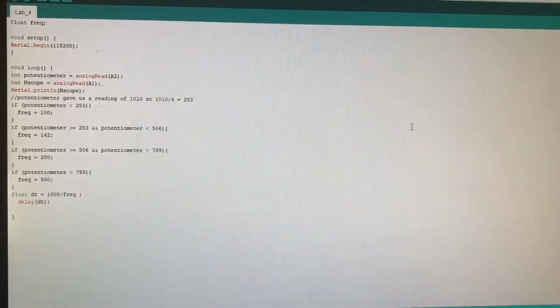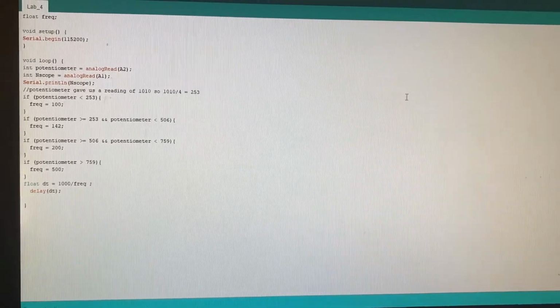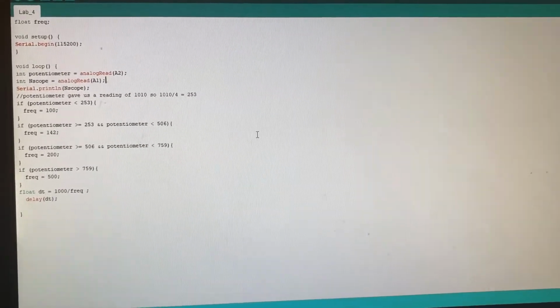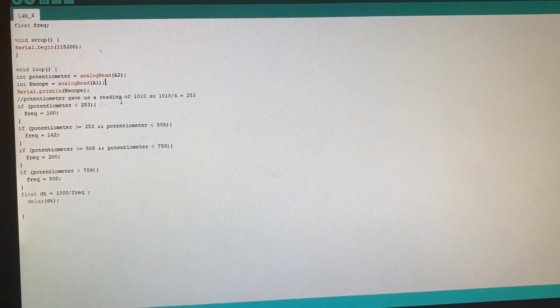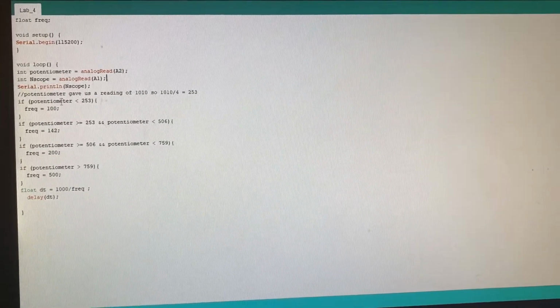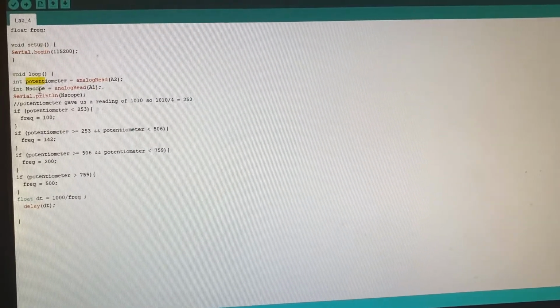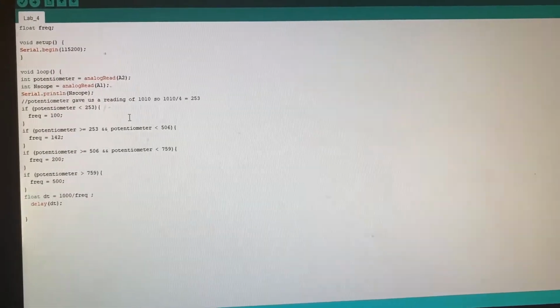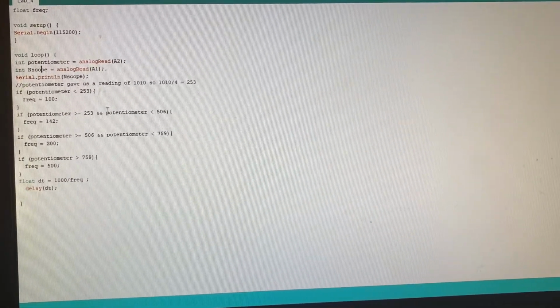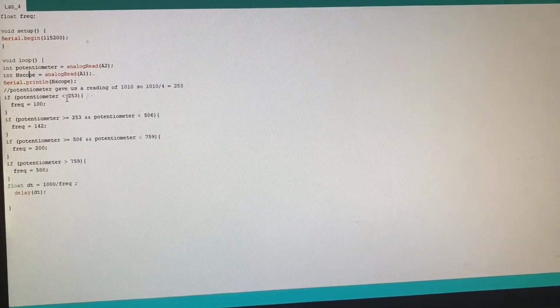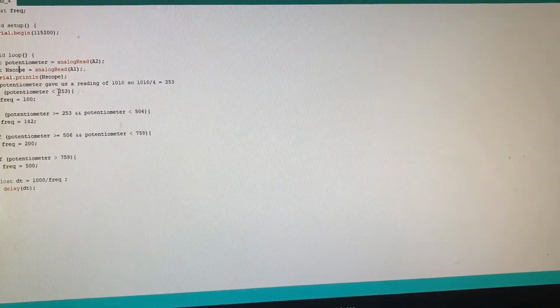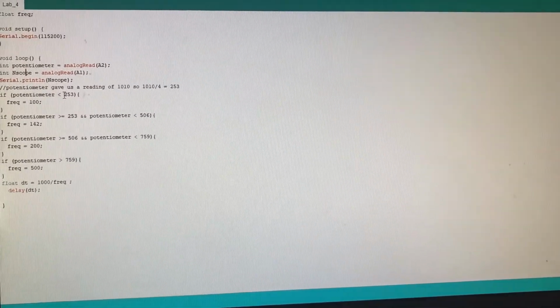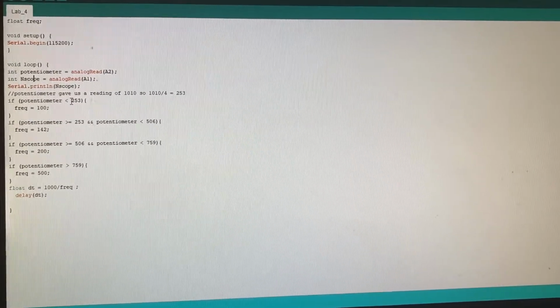This is lab 4. For the first task, we have to explain the code that we did. It's a pretty simple code. We are just connecting the potentiometer and the end scope to analog points 1 and 2 on the Arduino. And we're dividing the readings on the potentiometer by 4.